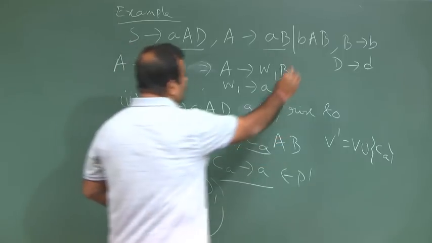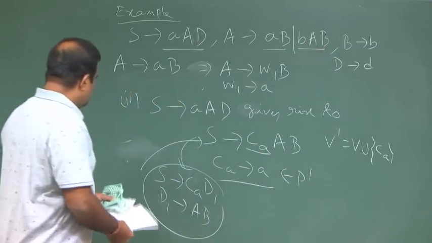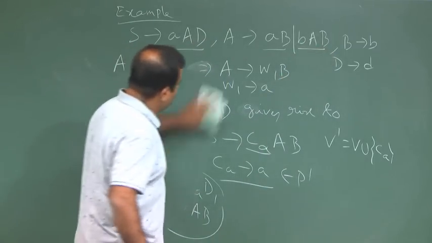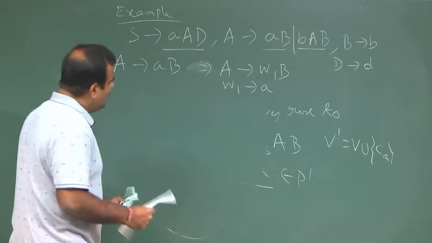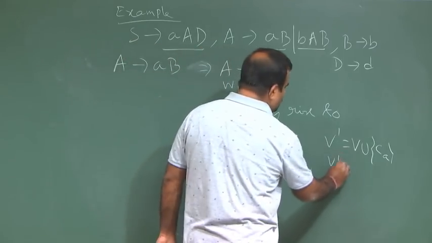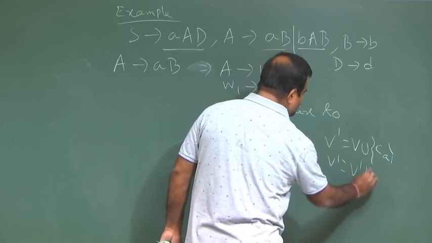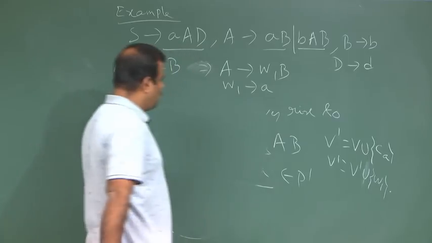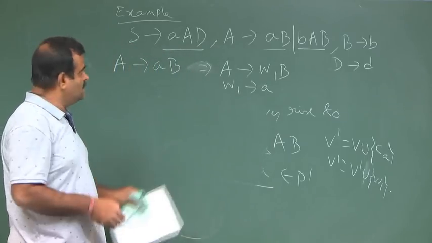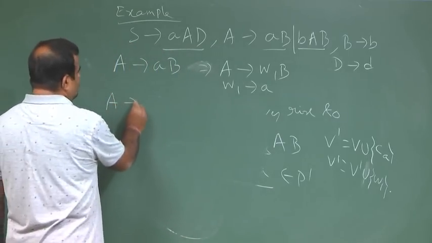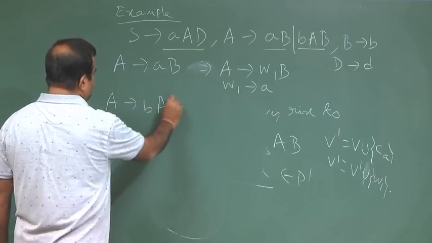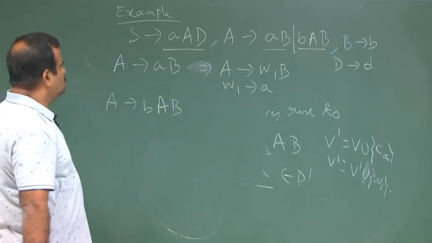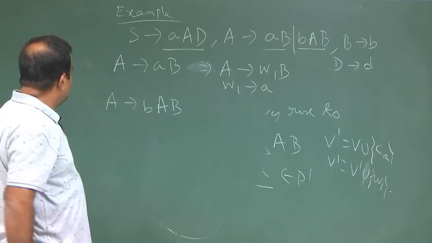Similarly, we can do it for this also. Every time we introduce a new variable, we need to add it to the variable set, so we have to add D1, D2 like this. Again, A is going to AB.